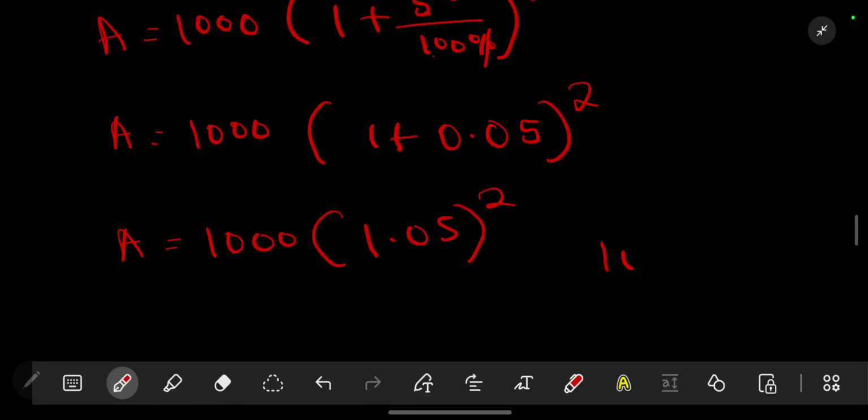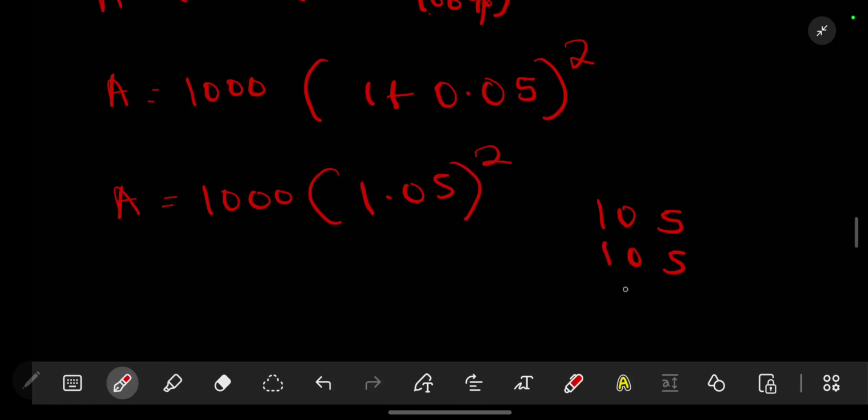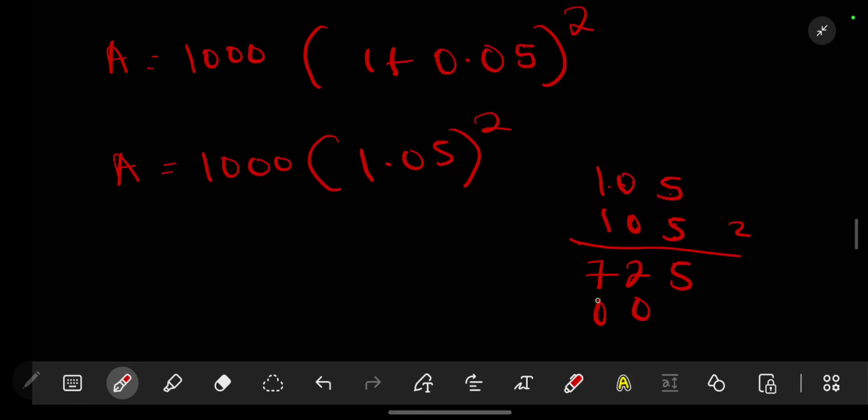So what you can do is remove the decimal point like this, so that you have 5 times 5 is 25, so 5 remainder 2. 5 times 0 is 0 plus 2 is 2. Then 5 times 1 is 5, plus 2 is 7. Then the 0 times 5 is 0, 0 times 0 is 0, 0 times 0 is 0.